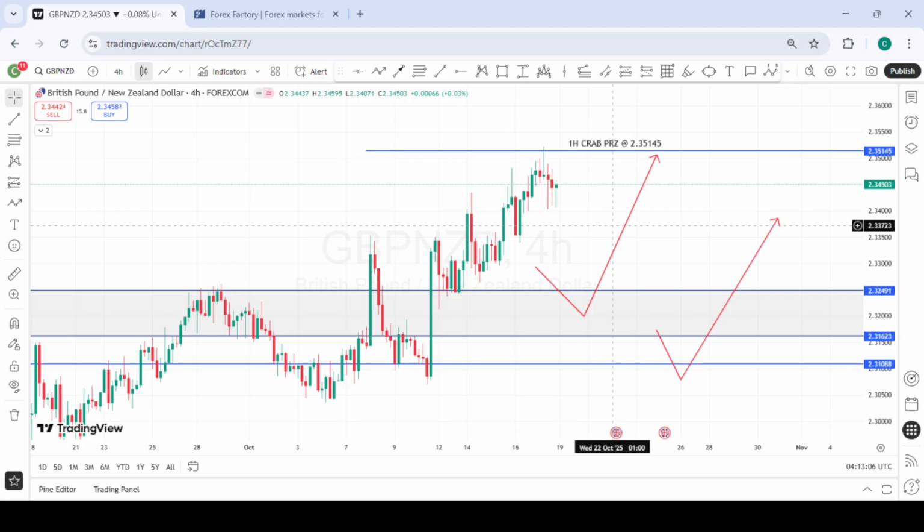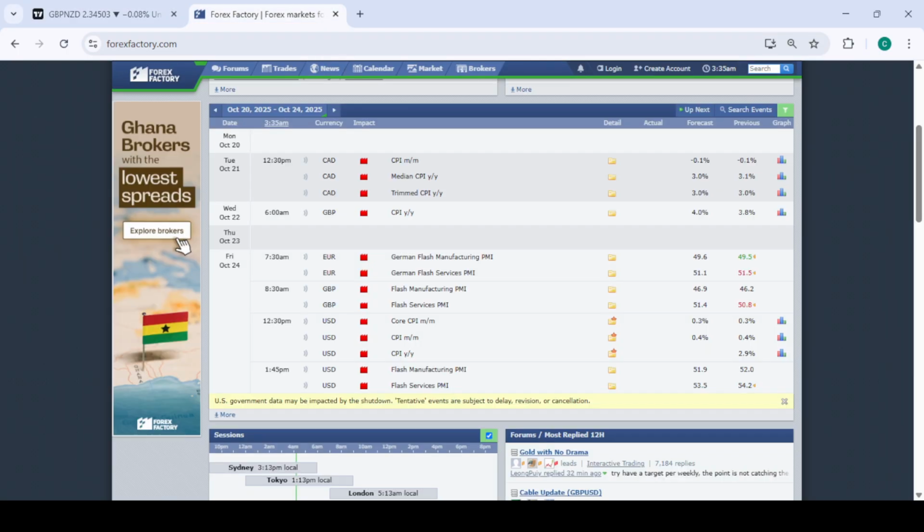So let's go through the economic calendar for the coming week, then we dive into the charts. This coming week we have a lot of CPIs. I'm laying emphasis on the high impact news. On Monday, there's no high impact news. On Tuesday, we have the CADJPY, and on Wednesday, we have the GBP CPI.